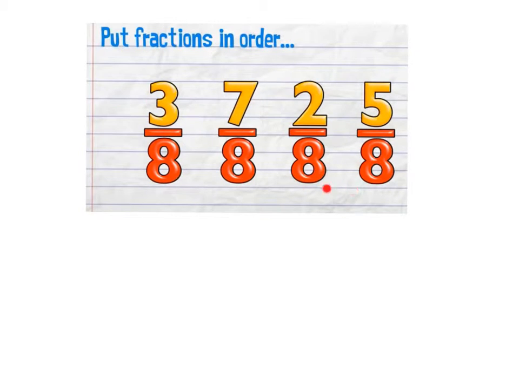The denominator is the number that it's out of. Notice that they're all out of 8. Well, which one's the smallest number out of 8? If you're saying 2 out of 8, you are correct. This is the smallest. And which one's the largest? Which one's the highest number out of 8? 7 out of 8 is the largest number.